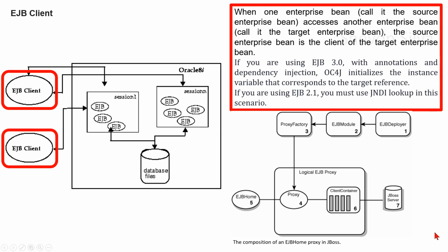This figure shows the composition of the EJB home proxy and its relationship to the EJB deployment. Here you can see the EJB developer and EJB deployer. org.jboss.ejb.EjbDeployer is invoked to deploy an EJB jar. An EJB module, org.jboss.ejb.EjbModule, is created to encapsulate the deployment metadata.